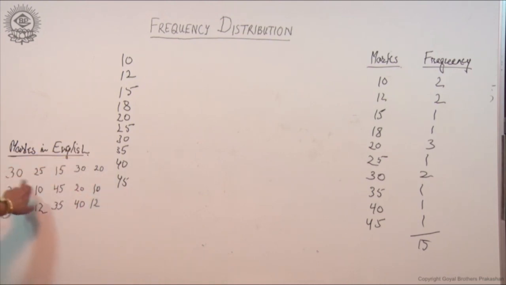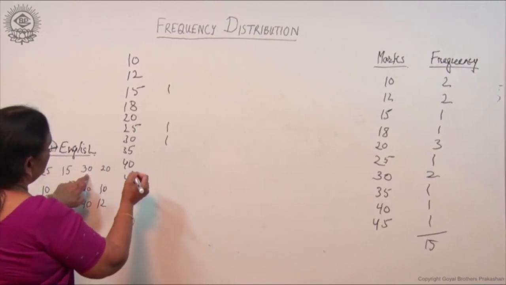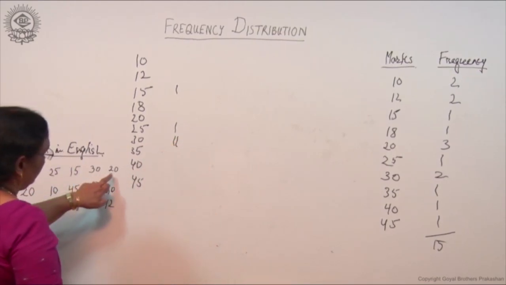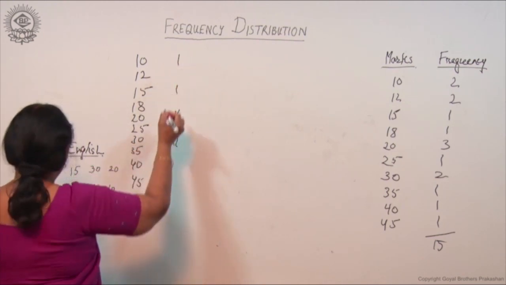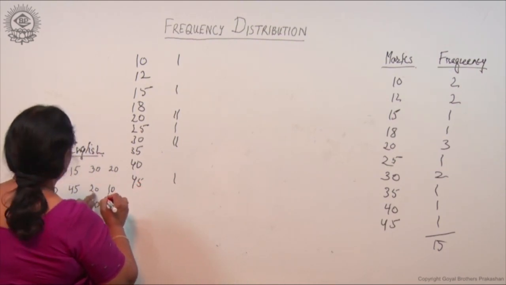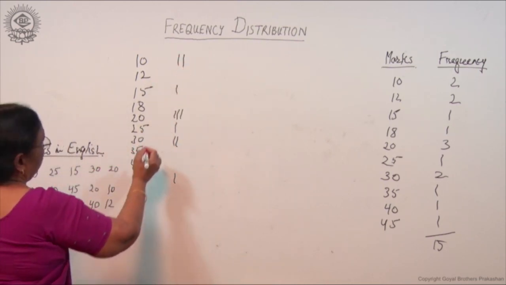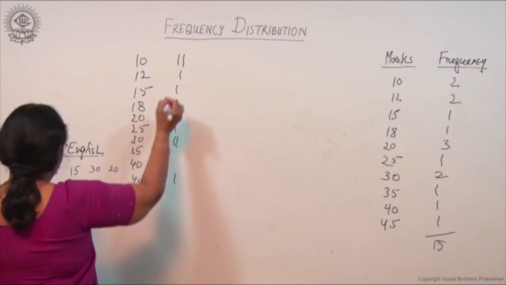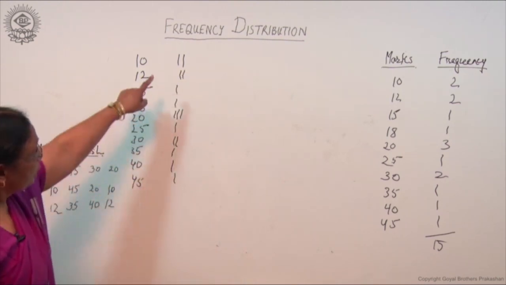Now out of this you check that 30 is once here, this is one tally, 25 is included once only, 15 is here once, then 30 again, then 20, then 20 again, then 10, then 45, and then 20, after 45 again 20, then again 10, then 18, then 12, then 35, then 40 and then 12. These are known as tallies.